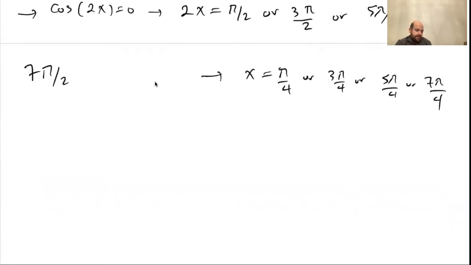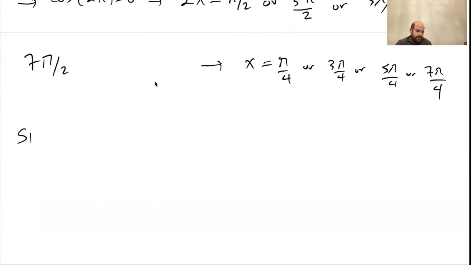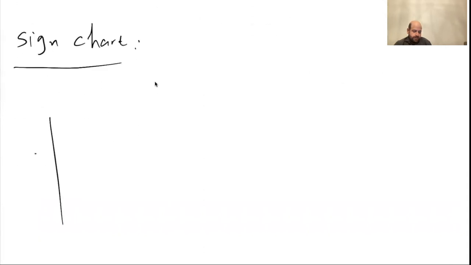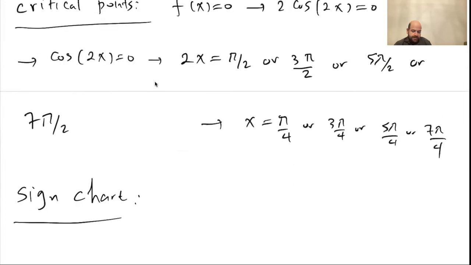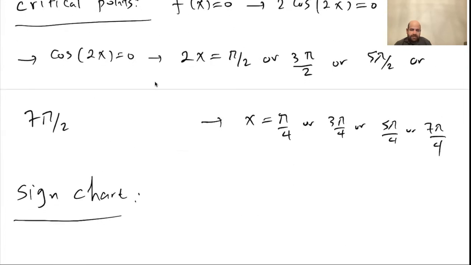All right, now let's look at the sign chart. For the sign chart, we need to include x values here. We start from 0. Then let's list the critical points in order.